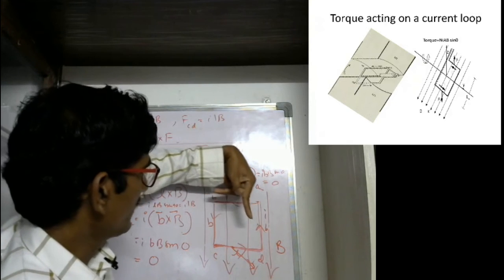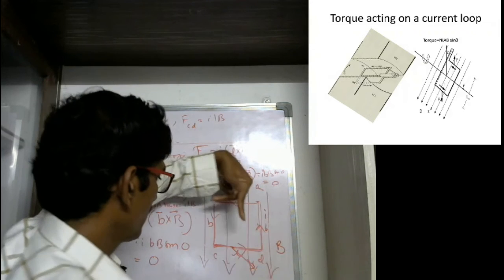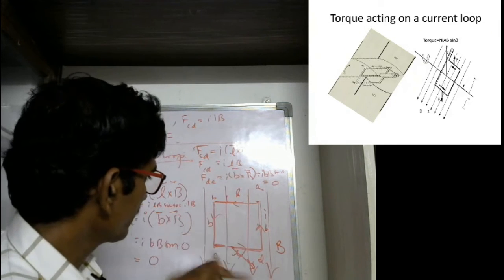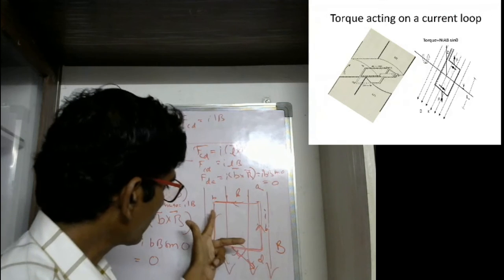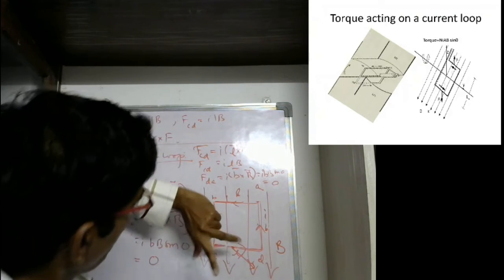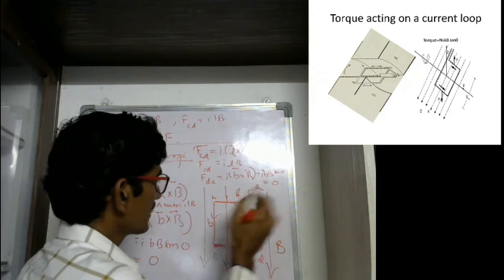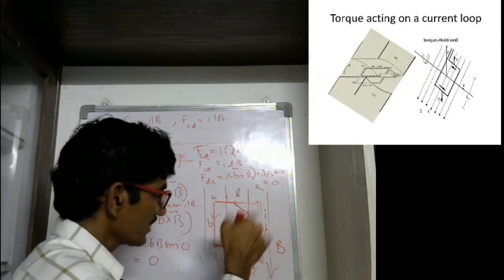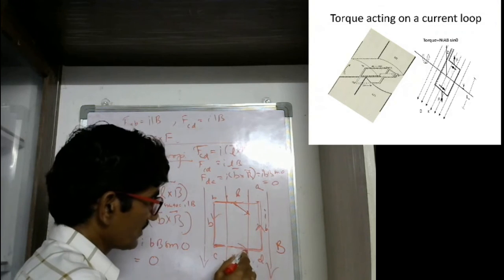Field is in this direction. Your force is acting like this. What about this case? Your current is acting like this and your field is acting like this. So this is upwards, this force is acting downwards.